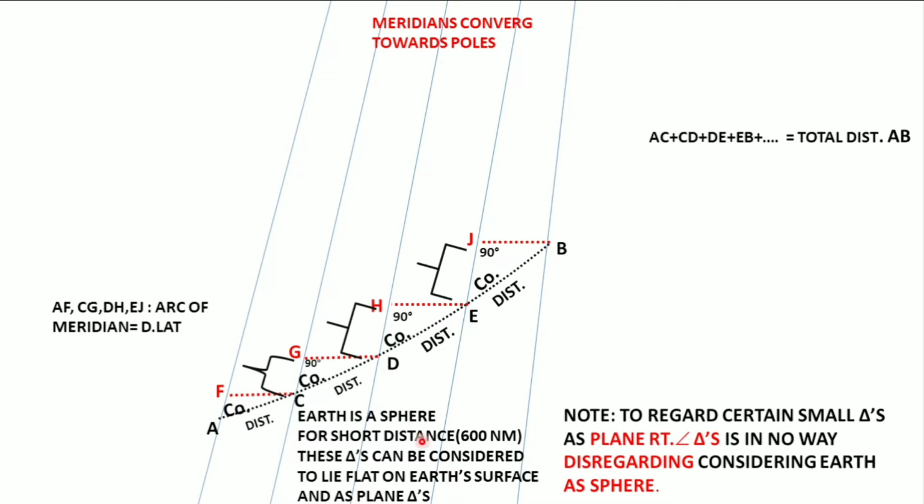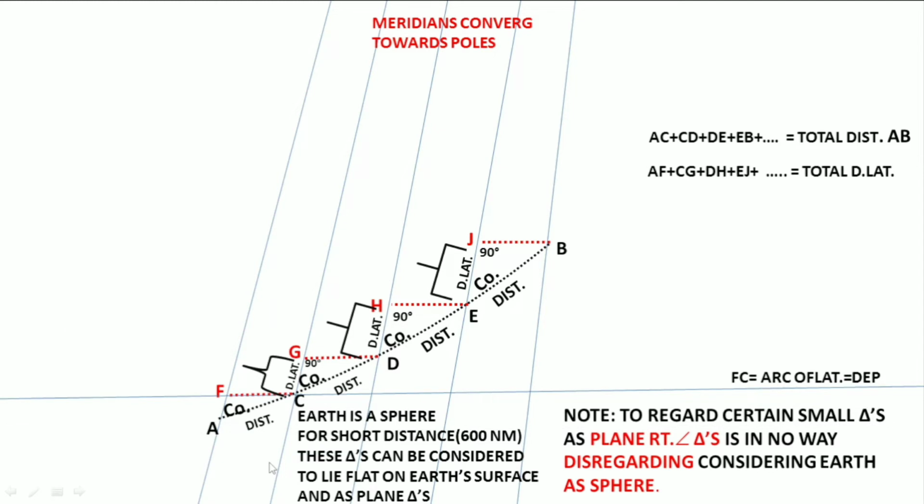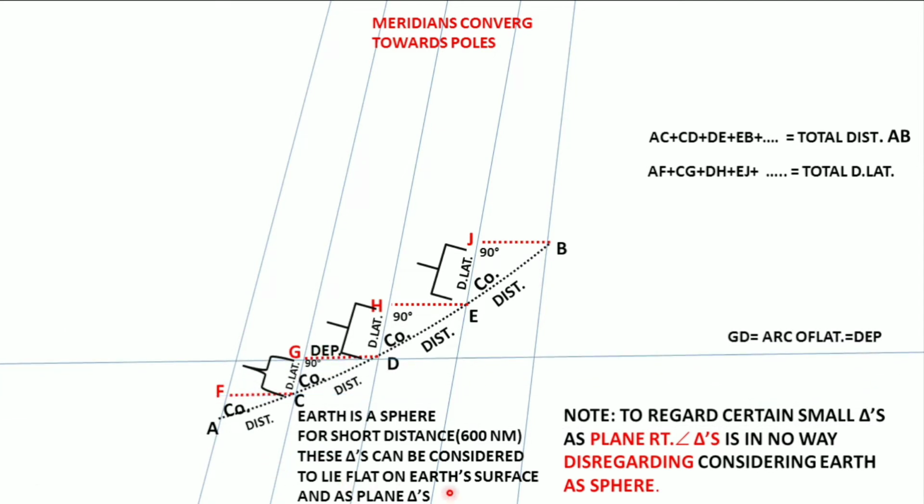Then all these arcs, and we know the arc of the meridian is D.LAT. So we have these arcs, AF, CG, they all are D.LATs. And if we add up all together, we get the total D.LAT between A and B. Similarly, we know that the arc of latitude is the departure.